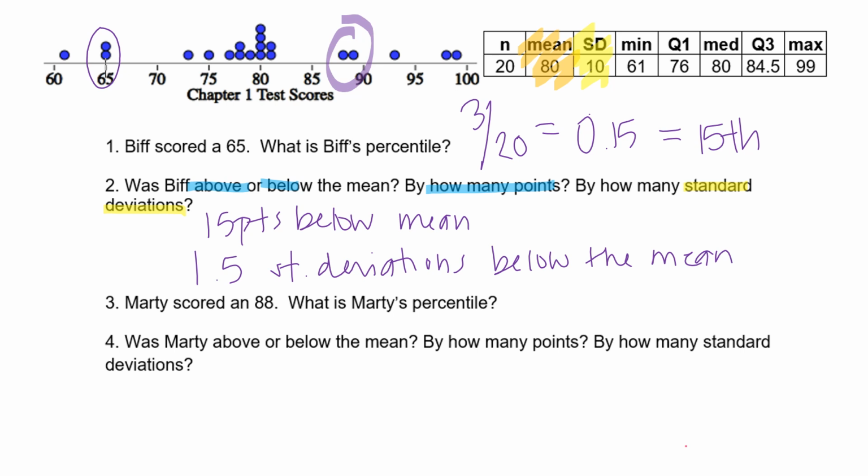And so this would be 16 out of 20, 0.8, which is the 80th percentile. All right.